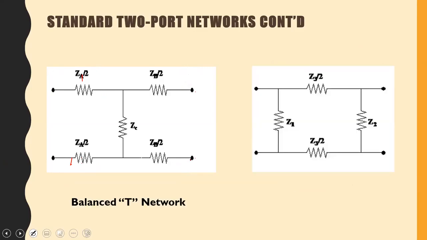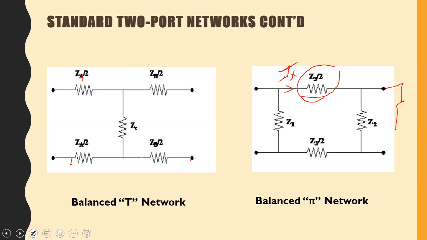Yes? And for your pi network, to obtain balance, because whatever current goes in here, let's call that IX, regardless of what happens to it around here. Because remember, within the network, here's my network, I can still connect something out here. Agreed? I can connect it to another circuit.